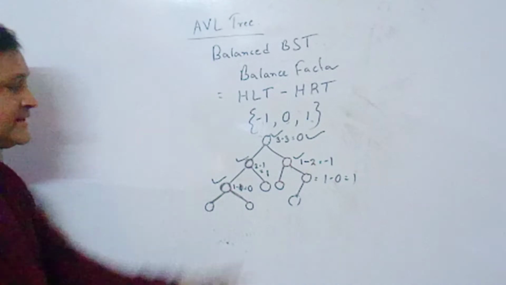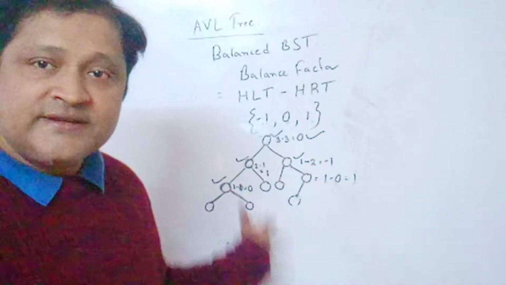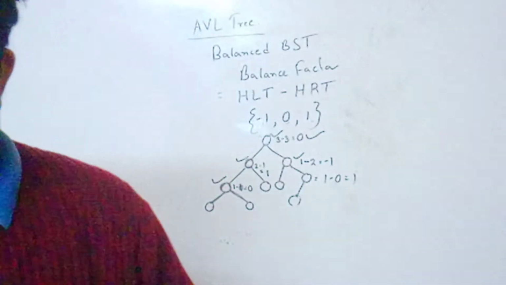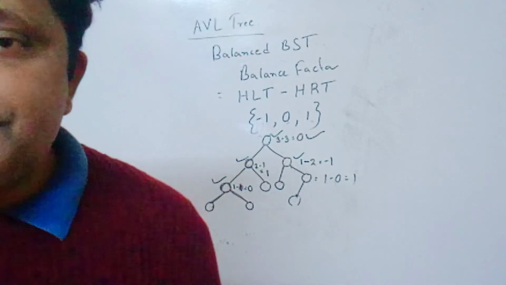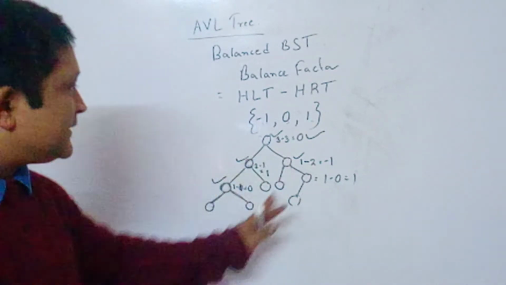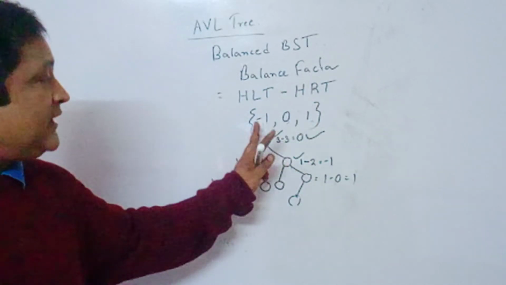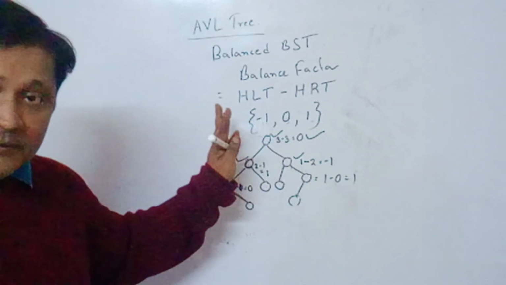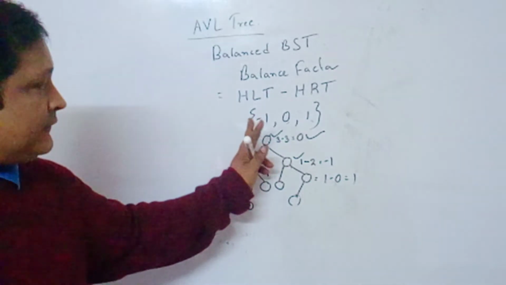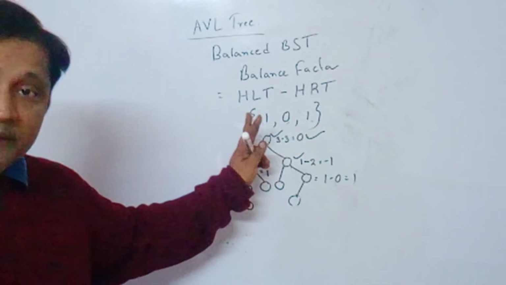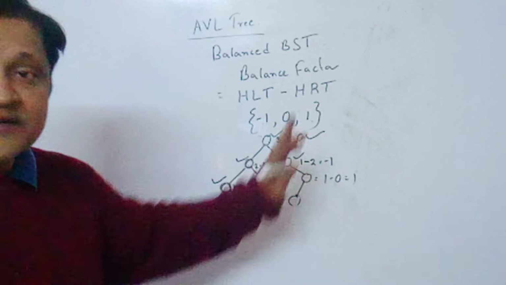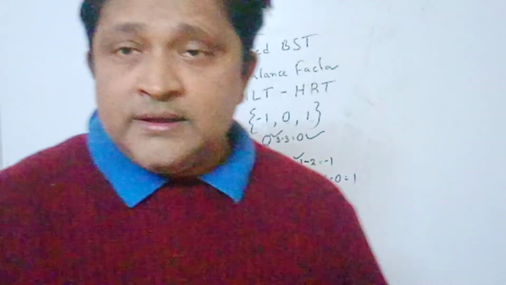And so this is a balanced binary search tree. Now we can say this is an AVL tree as well. So this is a balanced binary search tree where the height of the left subtree minus the height of the right subtree should be within the range of minus 1, 0 and plus 1.